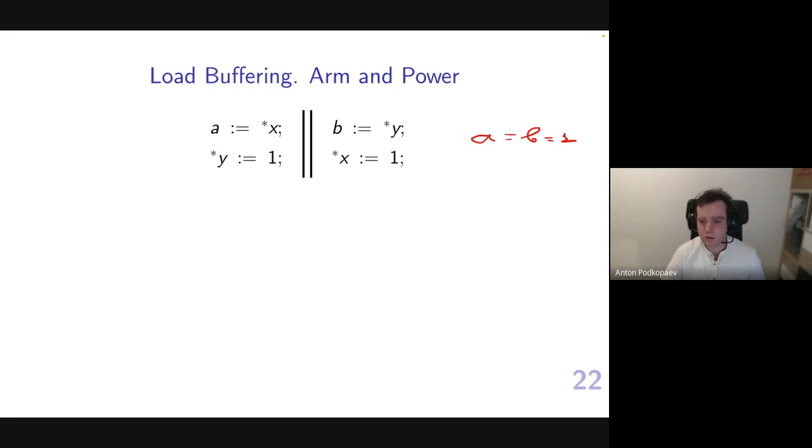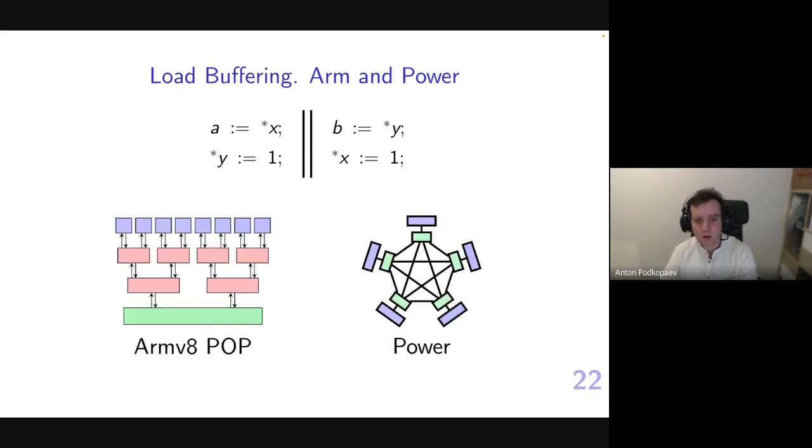It's called load buffering. And as is obvious from the name, it requires something which is dual to store buffering, which we saw in the previous example. So here we expect loads to be buffered and executed after the writes. There is some graphical representation for the architectures.